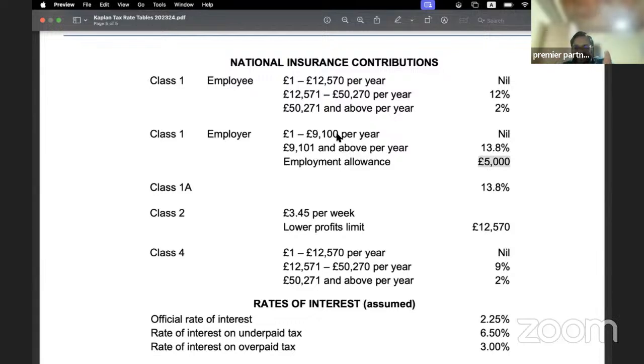Then the employer can total it up because the payment he is going to make is a bulk amount. So he will accumulate that. From that accumulated amount, he is allowed to deduct 5,000 as an employment allowance, just to give a small cushion for the employer. Are we okay? Great.